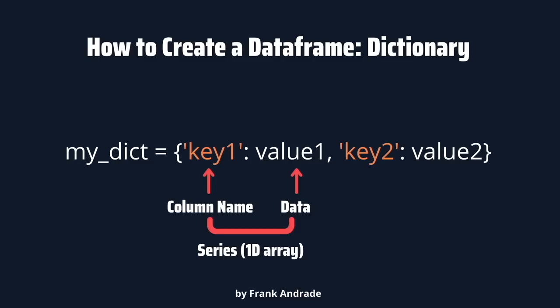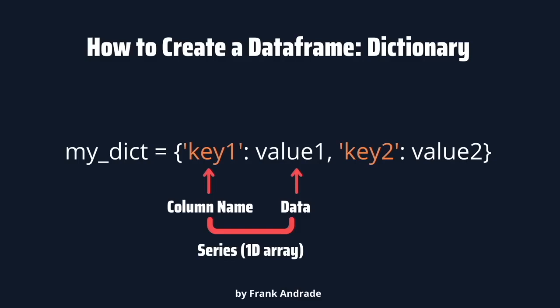The value can be a list, so this data will be many elements inside a list. A pair of key and value is known as an item in a dictionary, and in this case it's going to be a series because it's one column. So this is the second way to create a data frame, with dictionaries, and we're going to see that with code a little bit later.